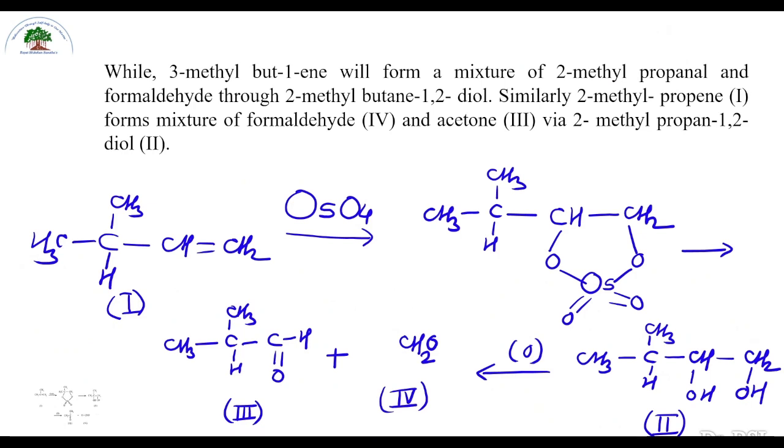When we take another example, 3-methyl-1-butene, this is carbons 1, 2, 3, 4. 3-methyl-1-butene upon reaction with osmium tetroxide cyclizes to osmate ester, and further reaction with tertiary butanol and H2O, we get this 1,2-diol. And upon oxidation, we get formaldehyde and one more compound, that is 2-methylpropanal.